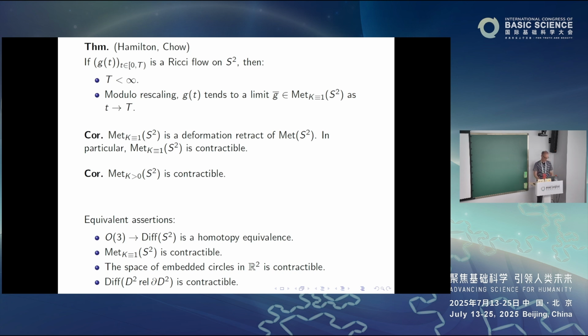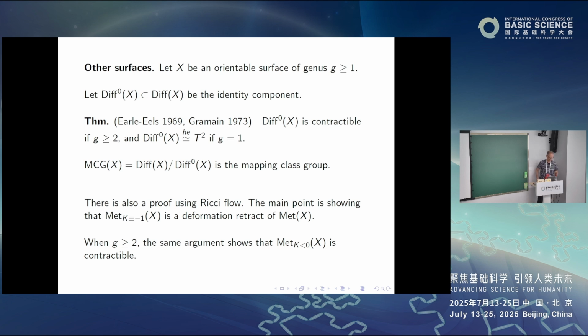Okay. So let's look at some other surfaces. Let's say we're looking at an orientable surface of genus g at least 1. Now let's look at the identity component of that. There are two cases. It's contractible if the genus is at least 2.